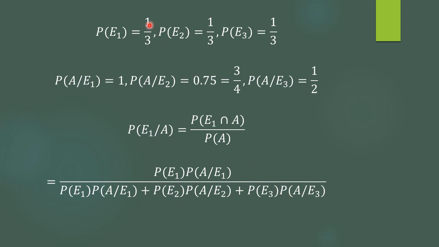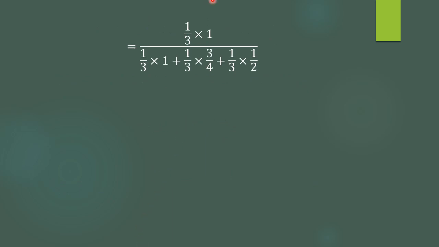We have calculated all the values. Now we are going to replace these values. So that is 1 by 3 into 1 upon 1 by 3 into 1 plus 1 by 3 into 3 by 4 plus 1 by 3 into half. When we simplify, it will be 1 by 3 upon 1 by 3 plus 3 by 12 plus 1 by 6.